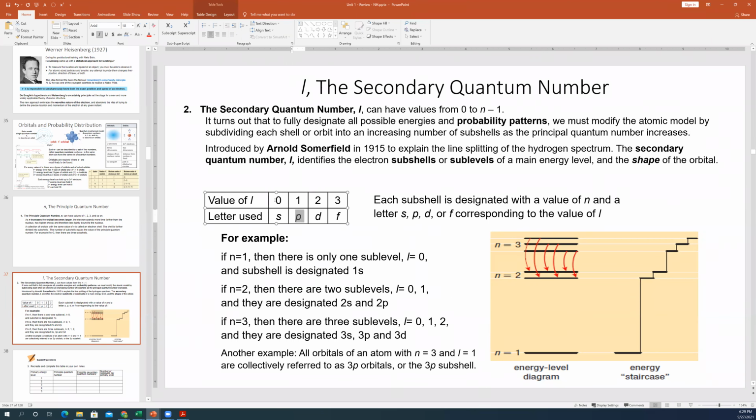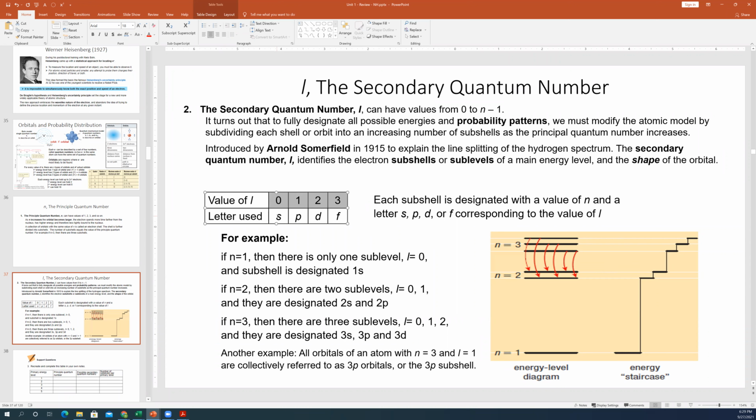So they stopped using these numbers, and instead adopted these letters corresponding to the value of L. Is that clear? Yeah. Okay. All right. So that's where the secondary quantum numbers came in.